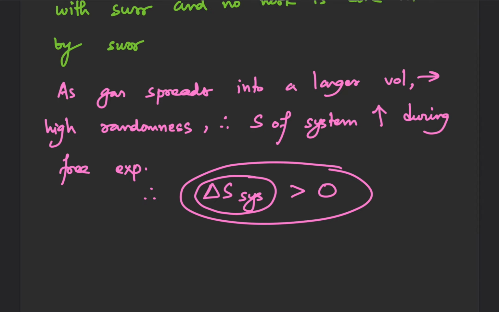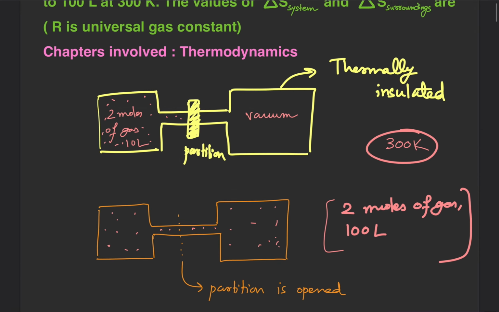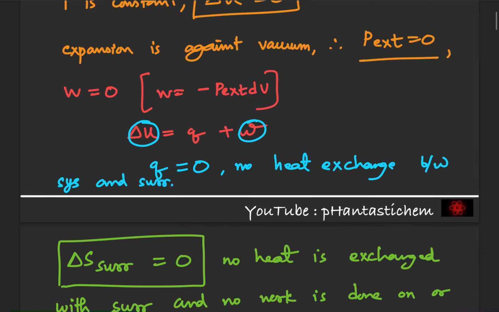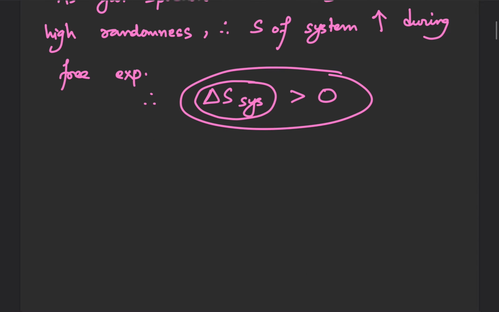Okay. Before that, we have to understand one very important thing, that expansion of an ideal gas against vacuum, that is, this particular gas expansion against vacuum, is an irreversible process. I will write it down.